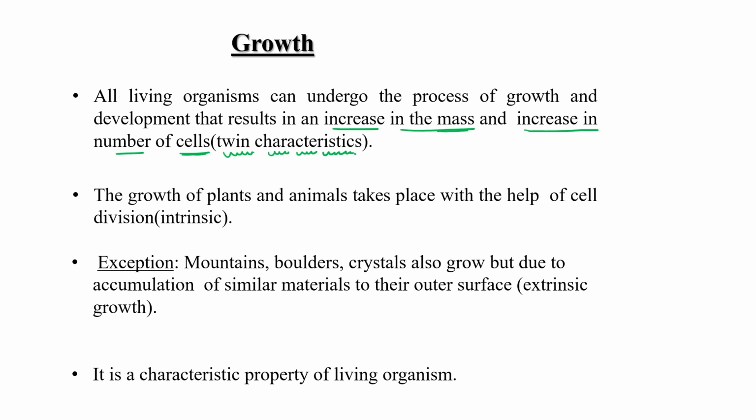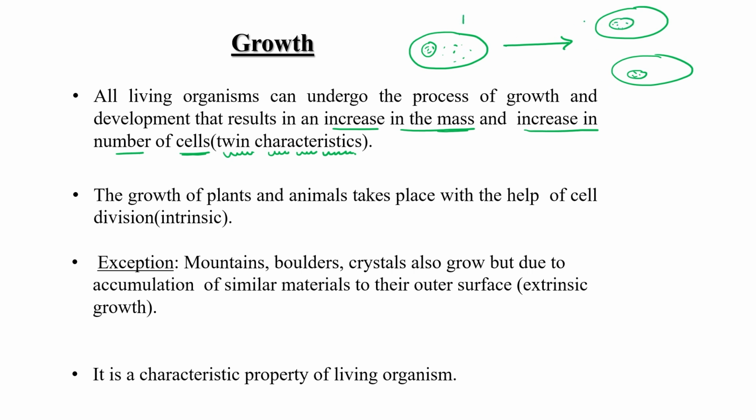That time we can say this process shows twin characteristics. Means if there is a bacteria, see, this is a bacteria. After reproduction, it will produce two different cells. So the number has increased from 1 to 2, and the mass has also increased. The combined mass of these two bacteria is more than the previous one, the parental bacterial cell.